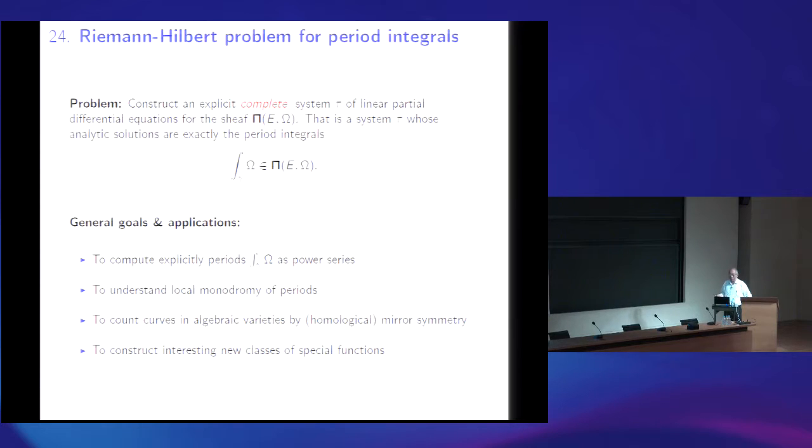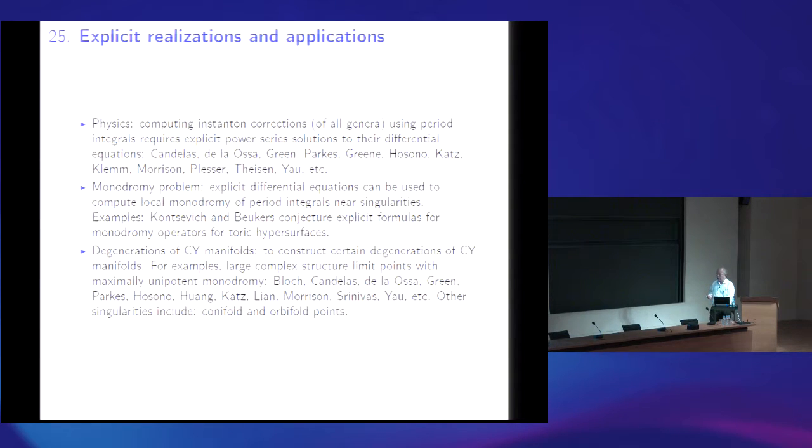So that's the idea of trying to compute the period integral: find a system of linear PDE which we can calculate explicitly. In this way, we can calculate the integral of omega by power series, and we can also try to understand the local monodromy of the periods, and we can also compute mirror symmetry. And of course, this creates a large class of special functions on the way.